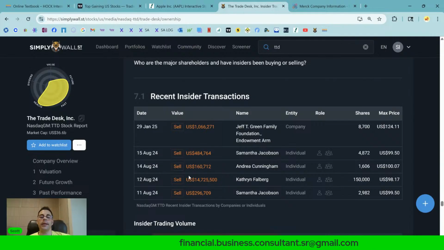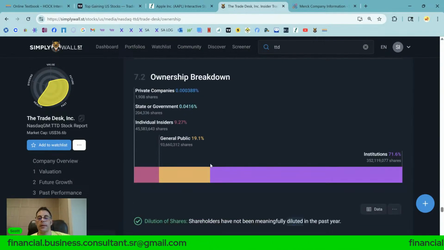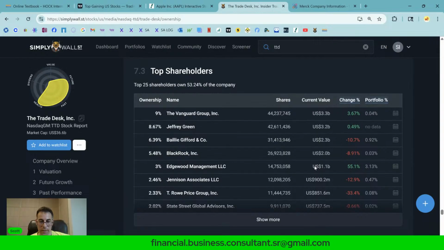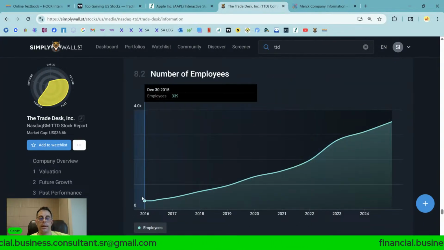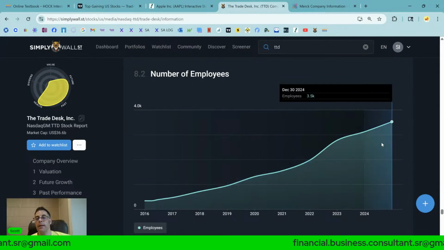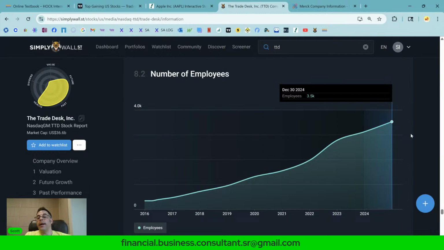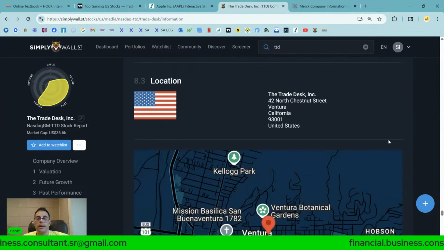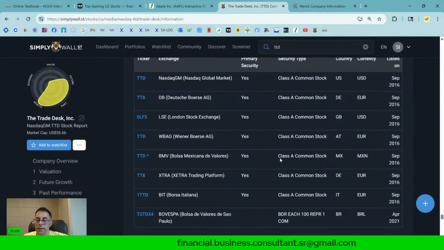Okay, there's insider selling, there's no buying. Institutions own 72%. Employee count going up a lot. If employee count's going up, that means the business is growing, or they're acquiring a lot of other companies.